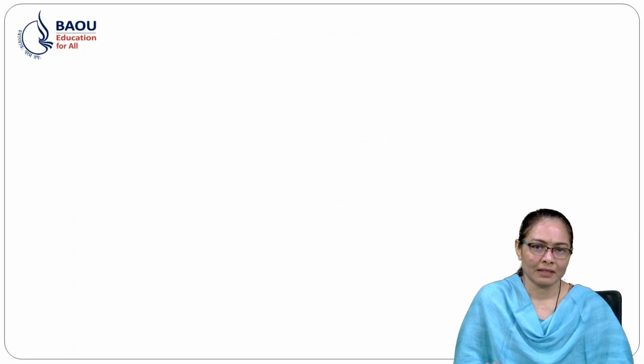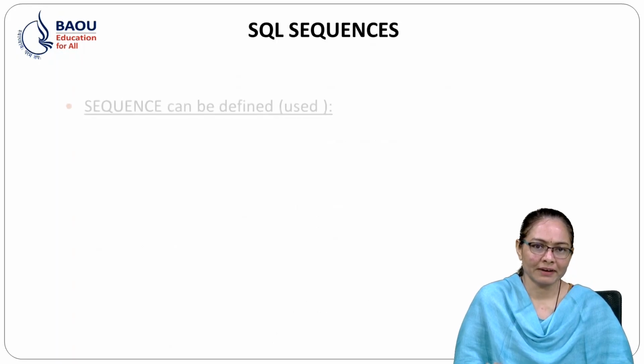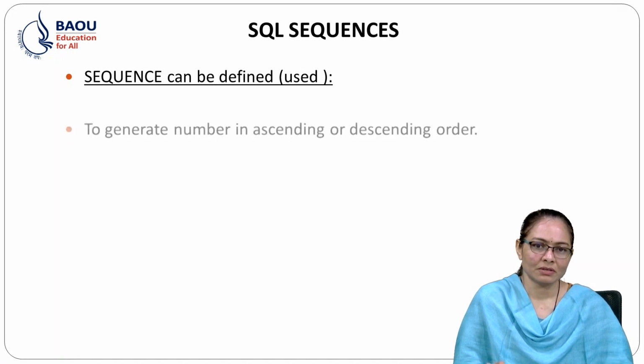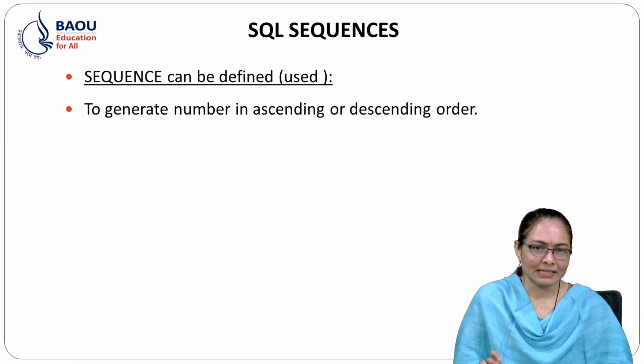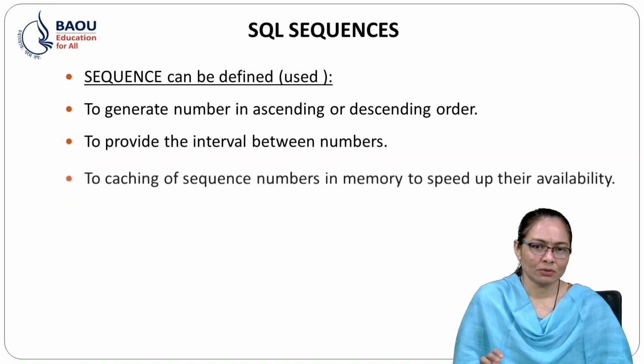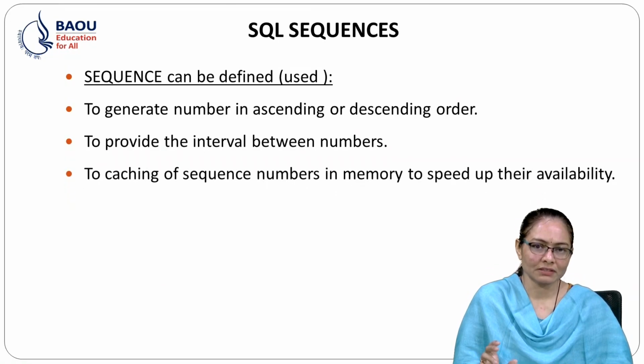See how to define the sequence. A sequence can be defined or used to generate numbers in ascending or descending order, to provide the interval between the numbers, and for caching of the sequence numbers in memory to speed up their availability.